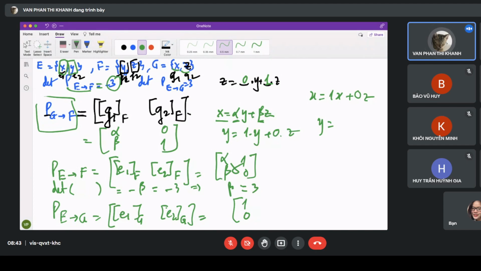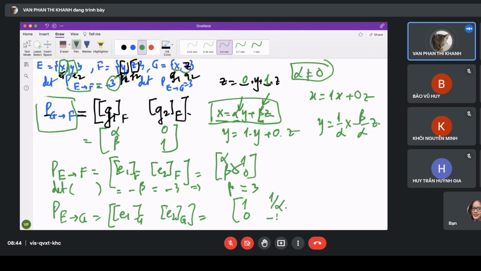Suppose that alpha is different from 0. Then y will be 1 over alpha times x minus beta over alpha times z. So this column will be 1 over alpha and minus beta over alpha. Understand what I mean?